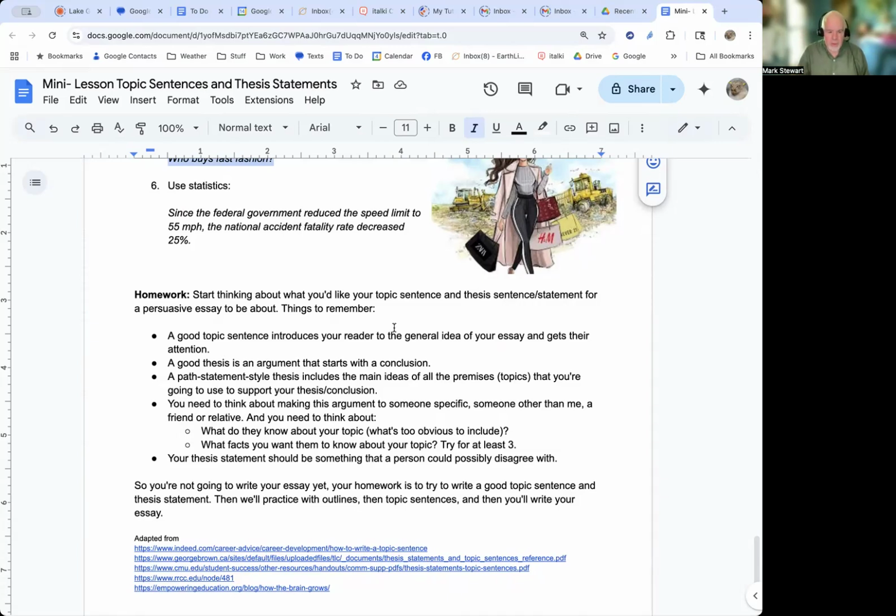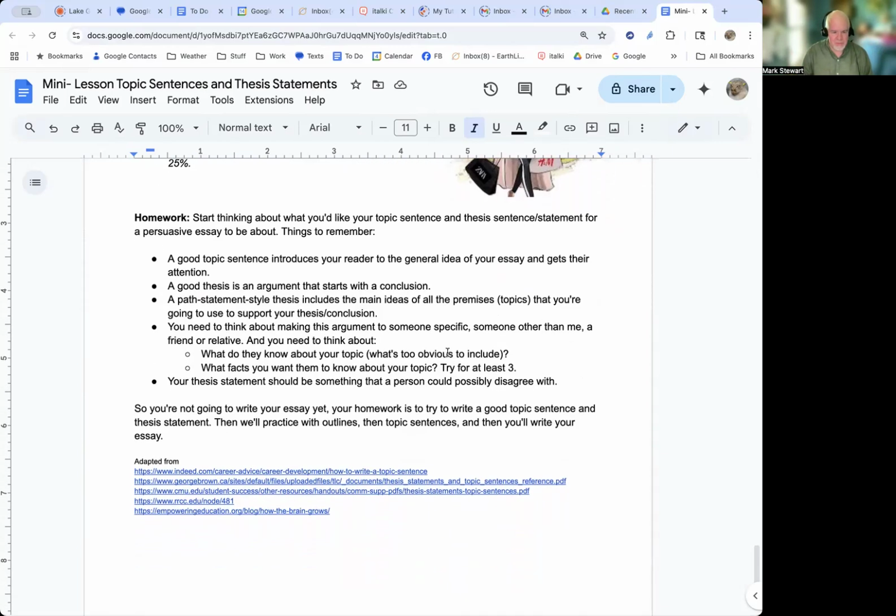Remember that a good topic sentence introduces your reader to the general idea and gets their attention. Remember that a good thesis is an argument that starts with a conclusion. So that's the second sentence. Conclusion, premise, premise, premise. A path statement style thesis includes all of the premises. That was redundant. I apologize.